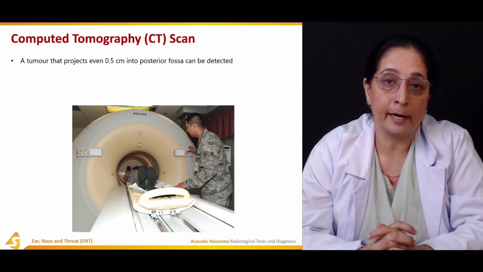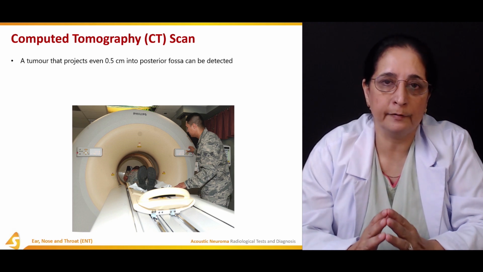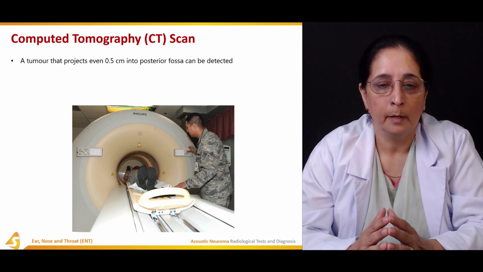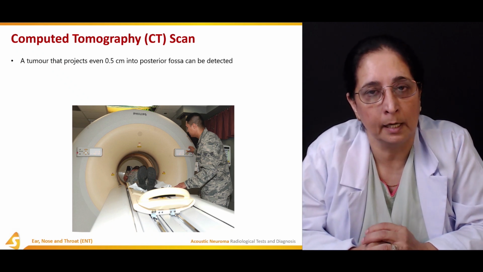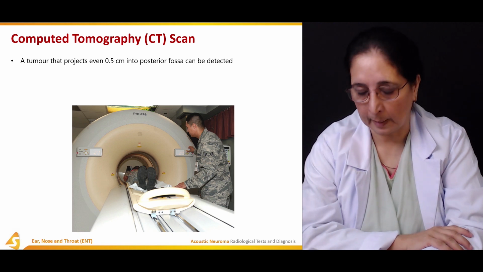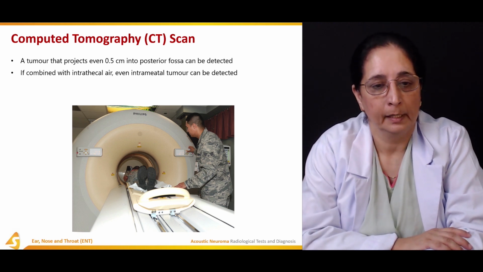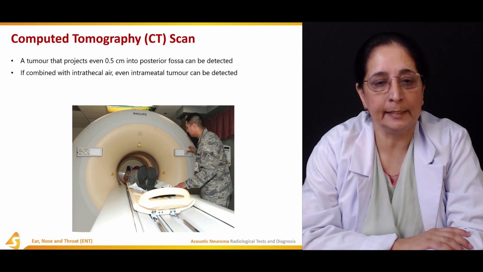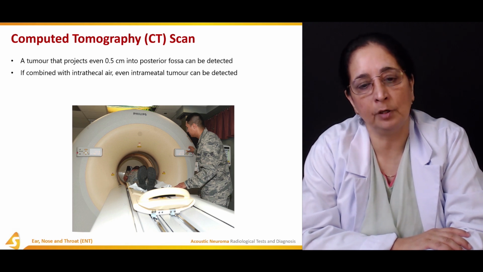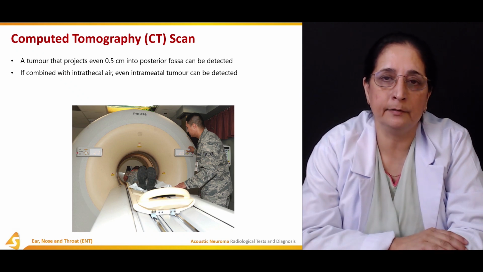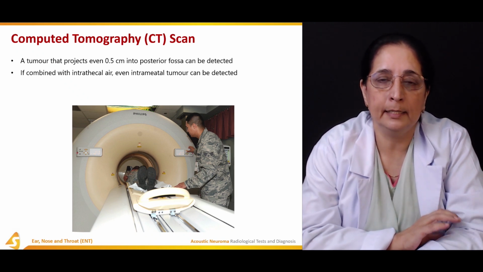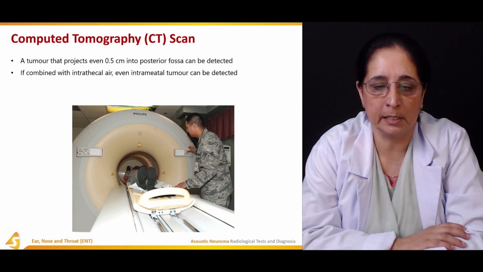So even a 0.5 centimeter tumor, which is very small, but projected into the posterior fossa of the skull, can be detected by CT scan. If combined with intrathecal air, even an intrameatal tumor can be detected. So CT scan is very helpful in the diagnosis of acoustic neuroma.